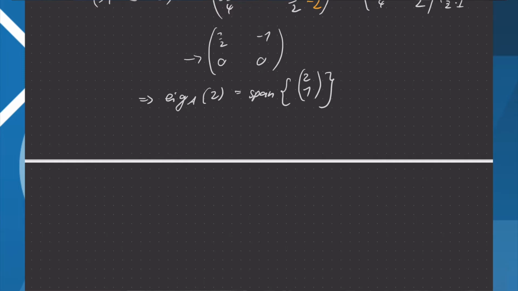Okay, so 2, 1 is an eigenvector of A for eigenvalue 2.